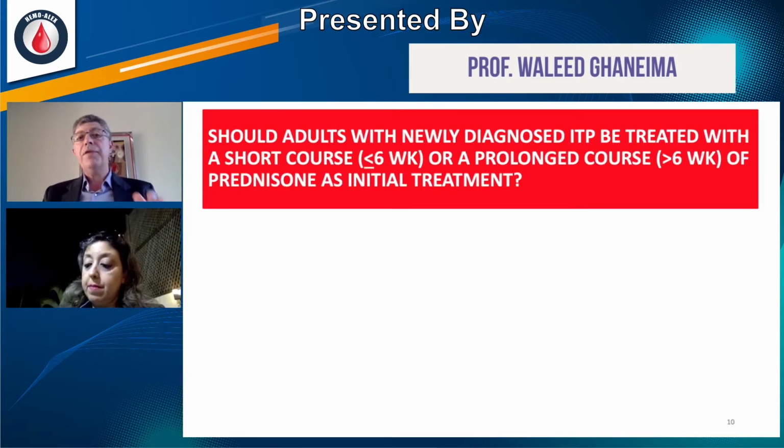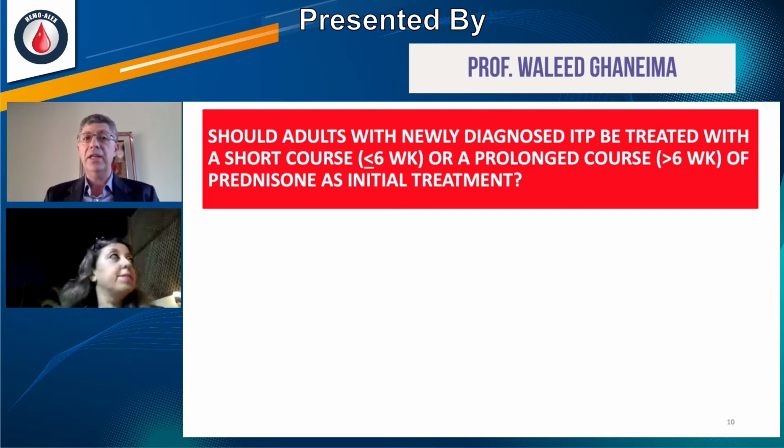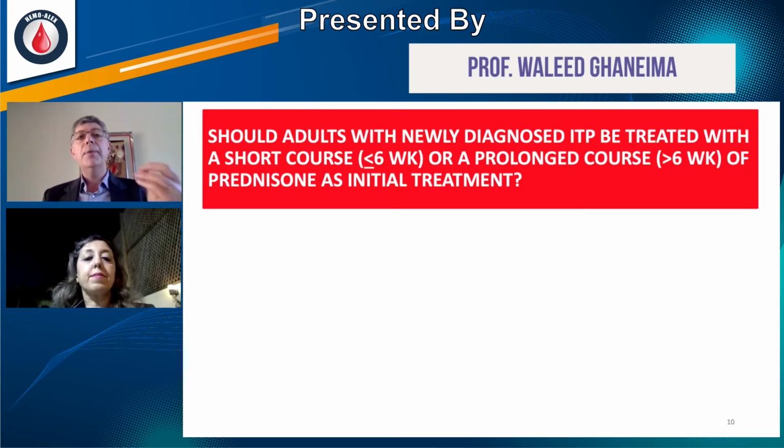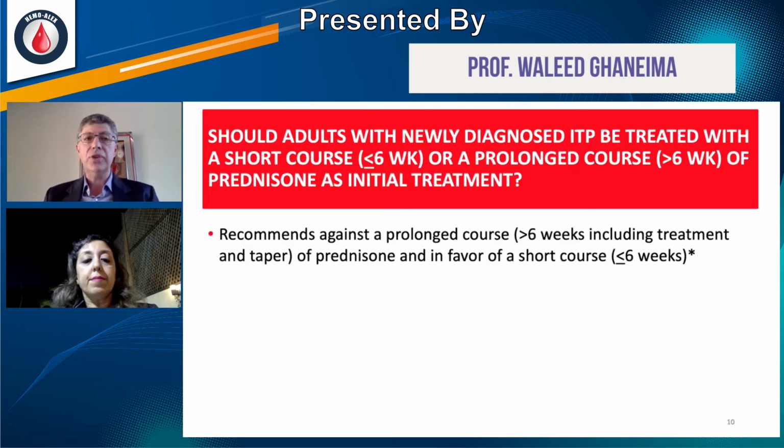Anyway, from how to treat to another important question: how long would you treat if you have started steroids? That's actually a major change in these guidelines and in the international consensus, the duration of corticosteroids. Would you use a short course of less than 6 weeks or a prolonged course of more than 6 weeks of prednisolone as initial treatment?